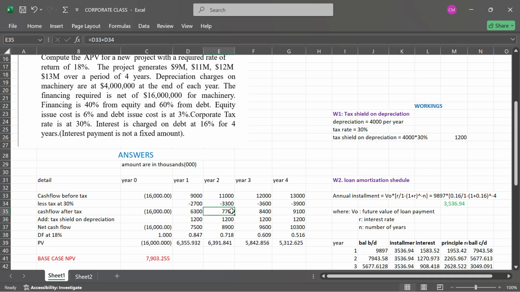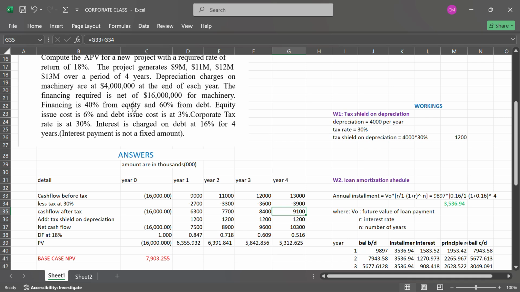Year 2 will remain with 7,700. Year 3 will remain with 8,400, and year 4 will remain with 9,100. So what we do here, as you see, we have been given a depreciation of 4 million US dollars.